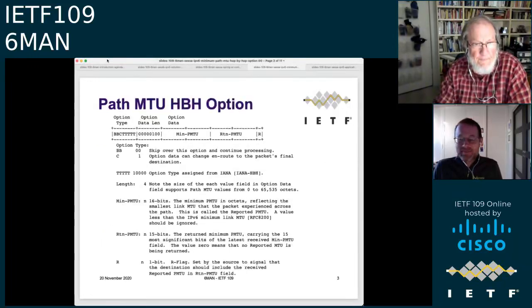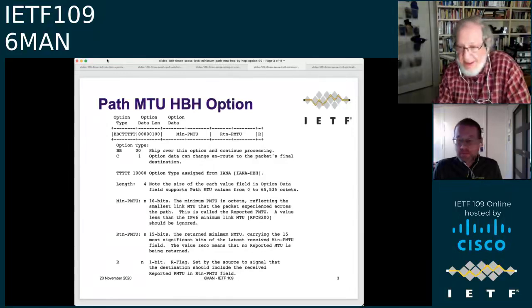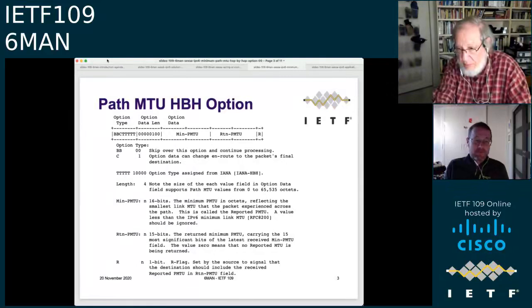Next slide. This is the shape of the hop-by-hop option. If you haven't seen this before, the BB and C lines just underneath the packet are the most important. In other words, if you are an IPv6 router and you get this hop-by-hop option, you can skip it and continue processing. We prefer you to fill this in because it will tell us things, but we're aware that some routers won't do this, and that's quite okay.